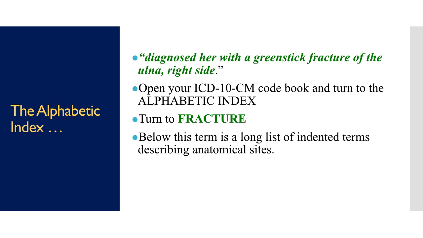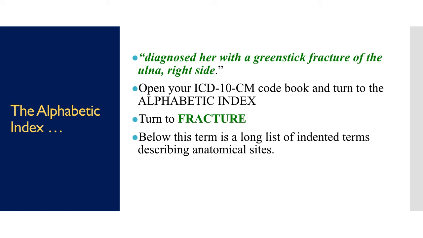We will go to the alphabetic index because the code book is very big and contains a lot of codes, something like 68,000 codes, okay? So where are you going to find the codes for fracture? Well, you go to the alphabetic index and turn to our first keyword. Why did this patient come and need care? And that's because she had a fracture.